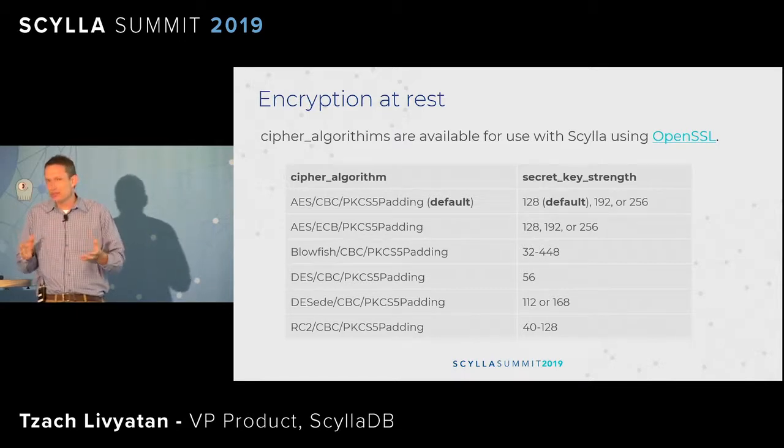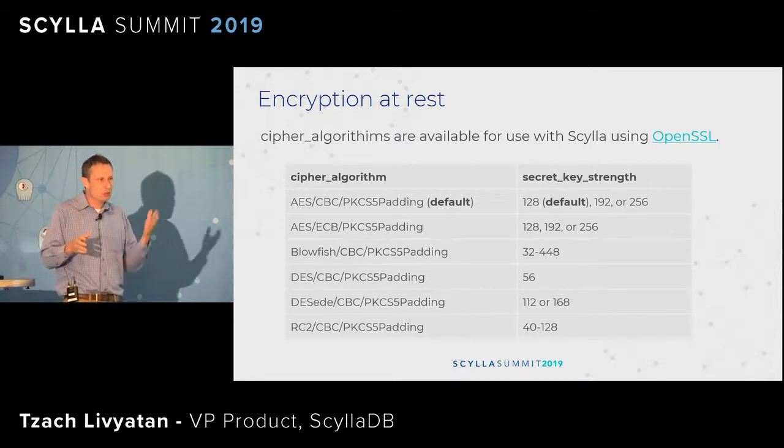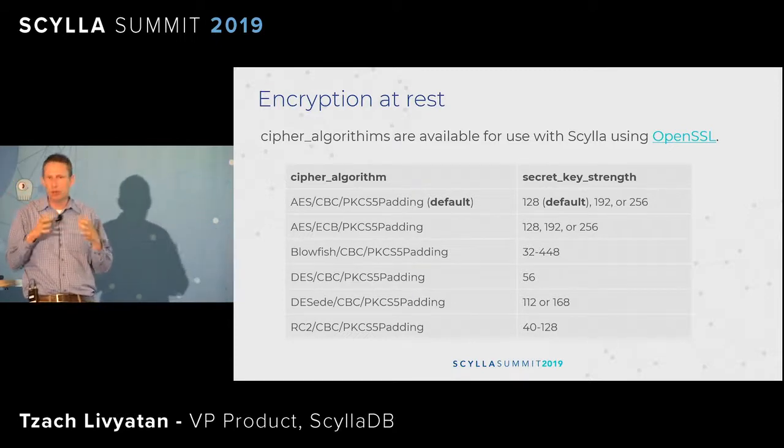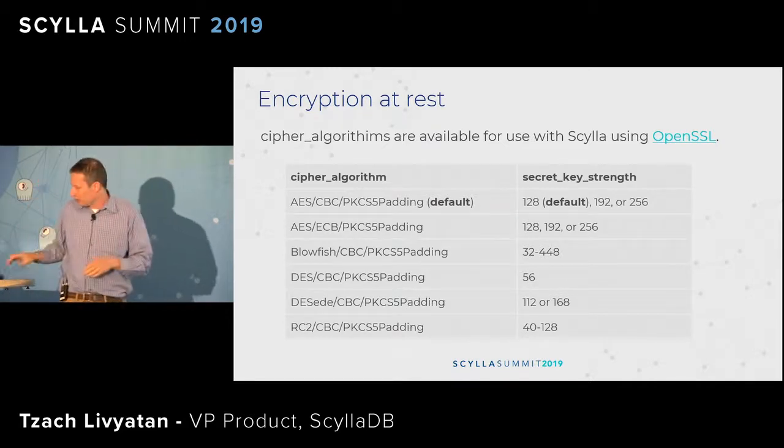I'm not saying it's easy, especially if the key, as we'll see later, is stored on a different machine, but it still needs to be in the memory of the Scylla server. Otherwise, Scylla will not be able to read the information. So it doesn't give you full protection against that.